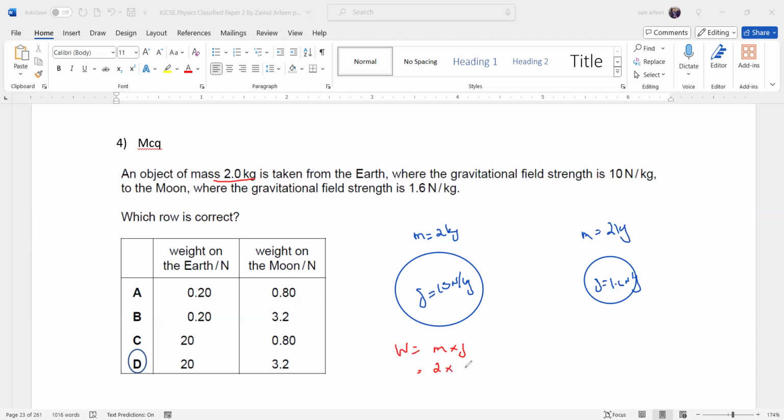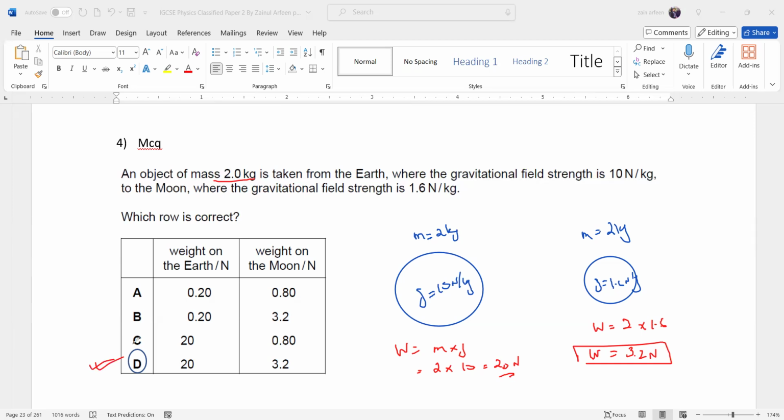So mass is 2 and the gravity is 10. So 2 multiplied by 10, 20 newtons. And what about the weight on the moon? The mass is 2 and the gravity is 1.6. So 2 into 1.6 is 3.2 newtons. 3.2 Newton on the moon and 20 Newton on Earth. So that's why D is the right answer.